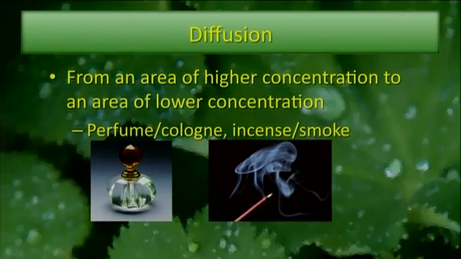If you have a perfume bottle with a stopper in it, the perfume molecules are distributed within the bottle. If you take the stopper out of the bottle, the perfume molecules will become distributed throughout the room. It might take a while, but eventually the perfume molecules will be spread out evenly through the room when it reaches equilibrium.